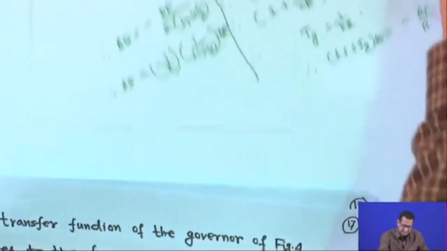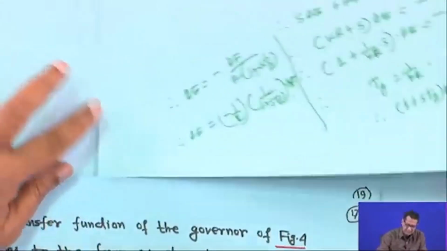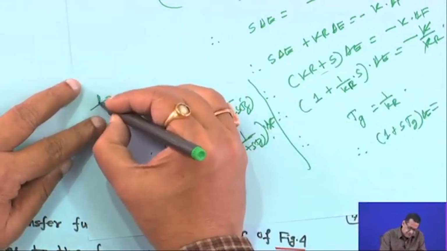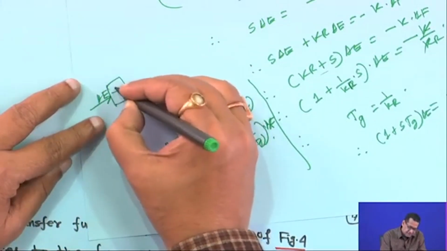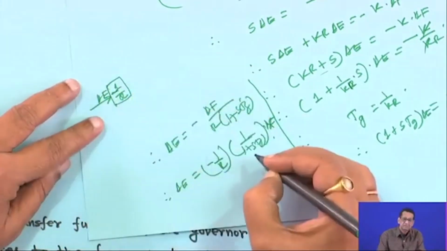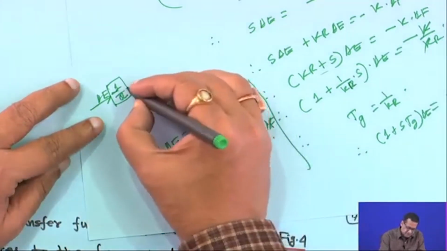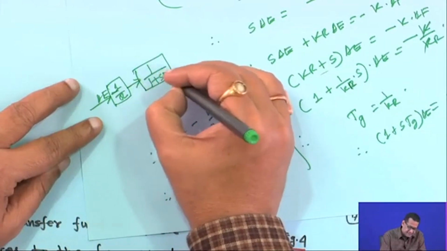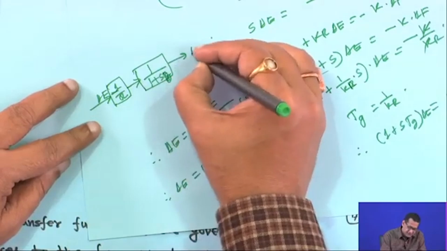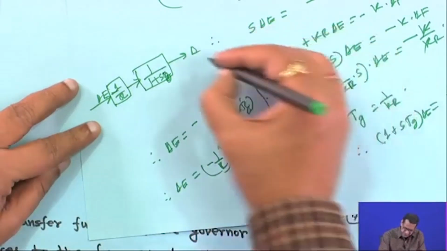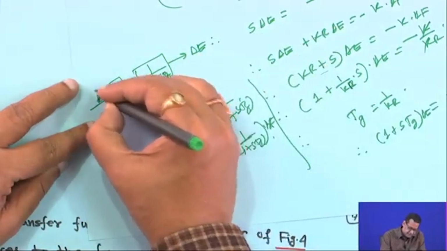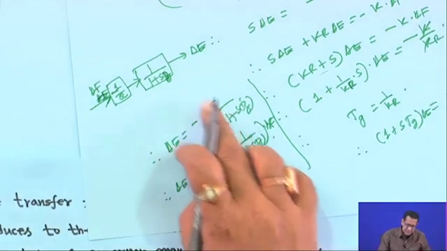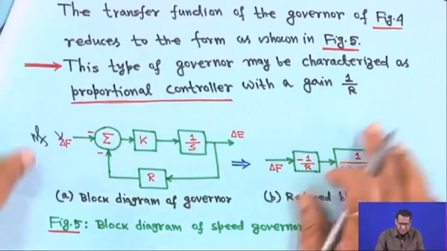That means, if you put this equation in the block diagram form, then this will be your input delta F, and this will be minus 1 upon R into 1 upon 1 plus S T G, and the output is delta E. So, this is the same block diagram, the same thing that I showed you.